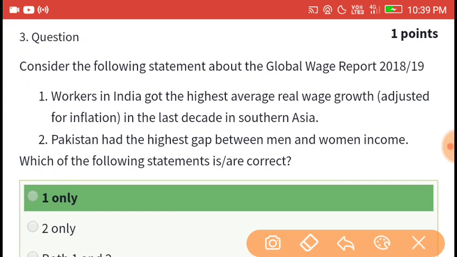Consider the following statements about the Global Wage Report 2018-19.